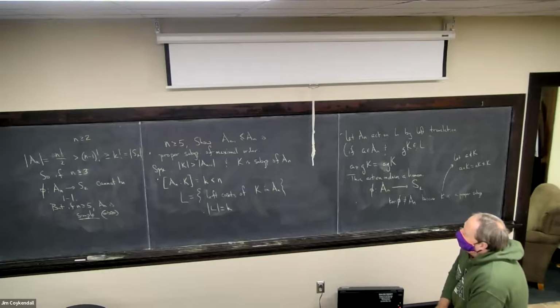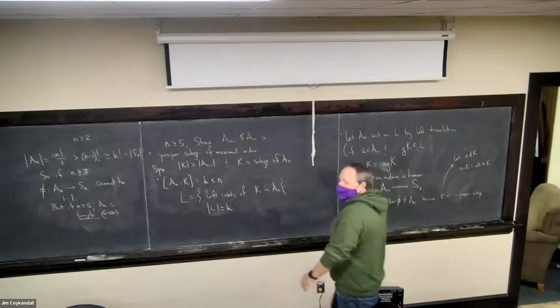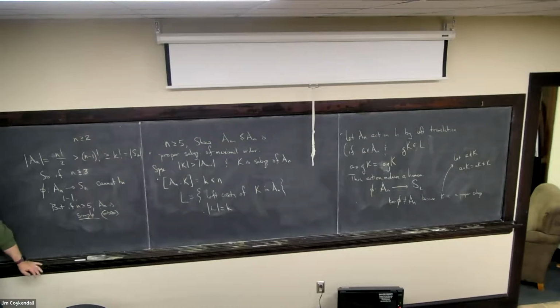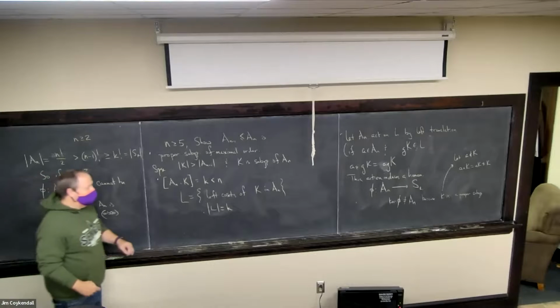Right. And so, A4 is not simple, but A3 is simple. So this should work with 3 as well. Okay. Any questions on that? I'm just trying to remember a lot of things here. So An is simple means it has no non-trivial normal subgroup, right?